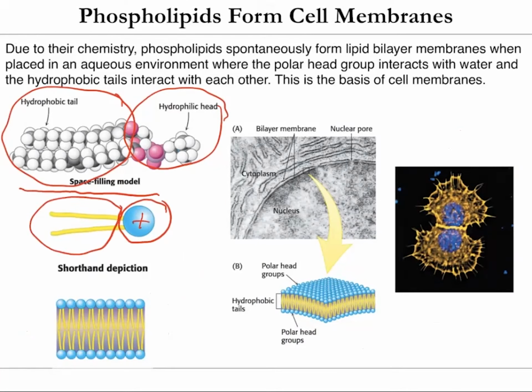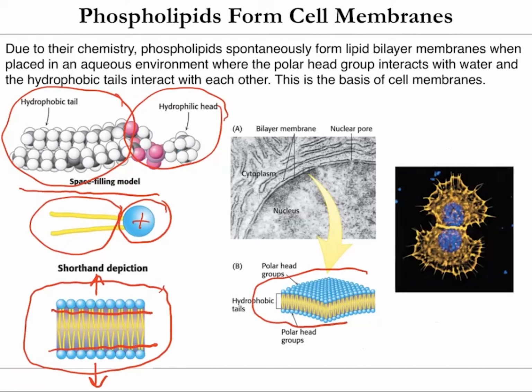So what happens when you put a bunch of these phospholipids in water, they will spontaneously form these membranes where these hydrophilic head groups are going to be pointed towards the water outside the cell and the water inside the cell. And then these hydrophobic tails are going to interact with each other away from the water outside the cell and inside the cell. So this is what actually forms.